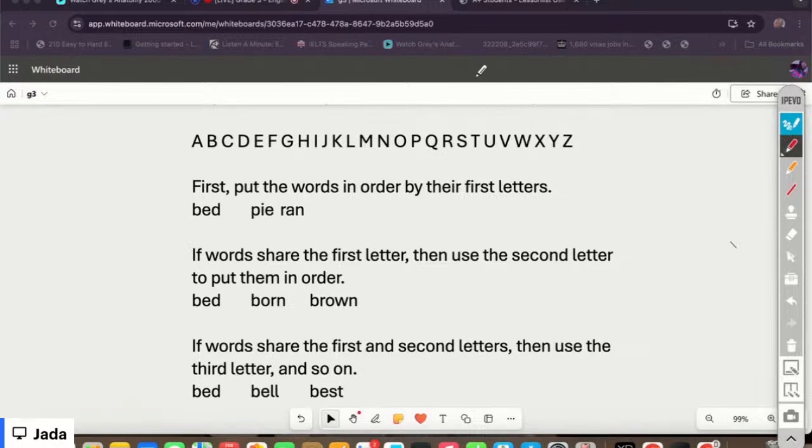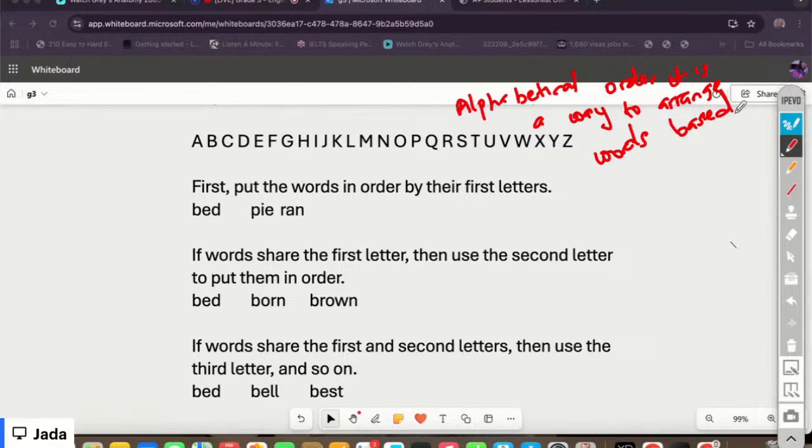So when we say alphabetical order, it is a way to arrange words, all right, based on the first letter of each word.